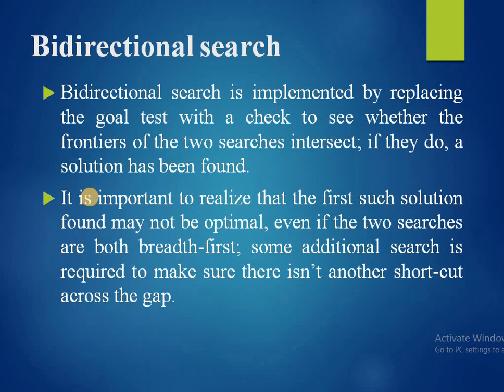It is important to realize that the first solution found may not be optimal, even if the two searches are both breadth first. Some additional search is required to make sure there is not another shortcut across the gap.